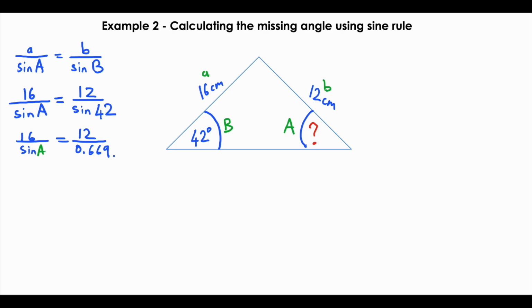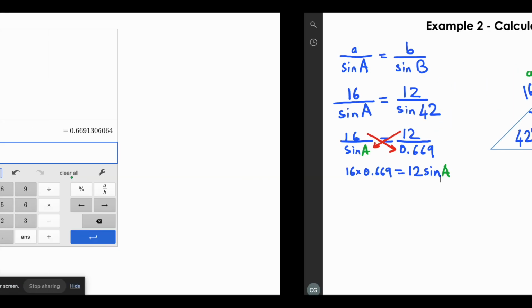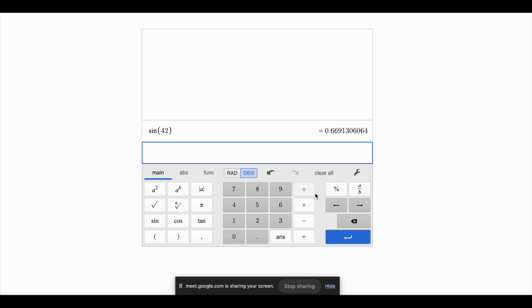Based off of the last time, what did we do after this? We cross multiply. That means we multiply this 16 at the top by the bottom number on the other side, and we multiply this 12 by the bottom number, sine A, on the other side. So we have 16 times 0.669, which is equal to 12 sine A. 16 times 0.669, what do y'all get for that?